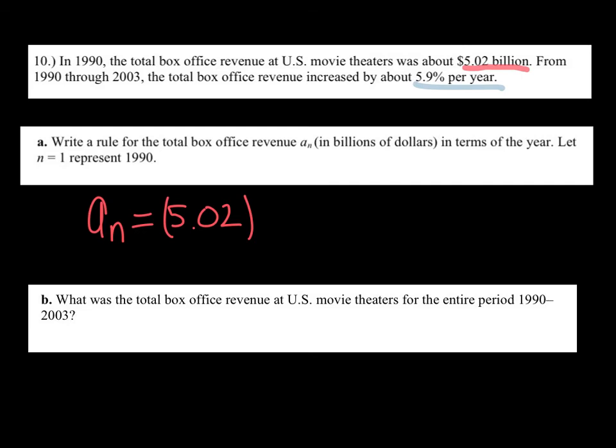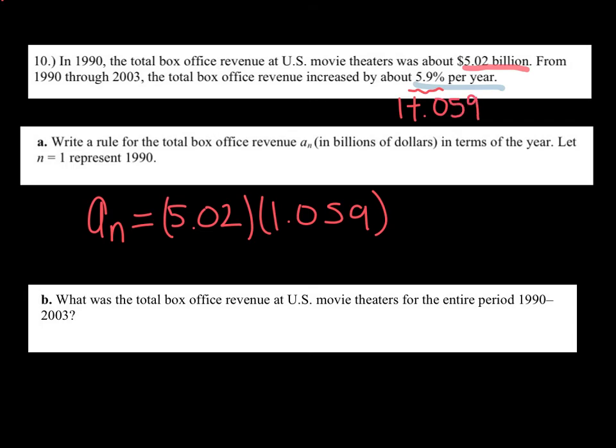So it's not going to be 0.059 as the ratio, because that would make it decrease. This is where we have to add or subtract it from 1. So the ratio is actually 1.059 because we need to add the amount that it's growing each year.